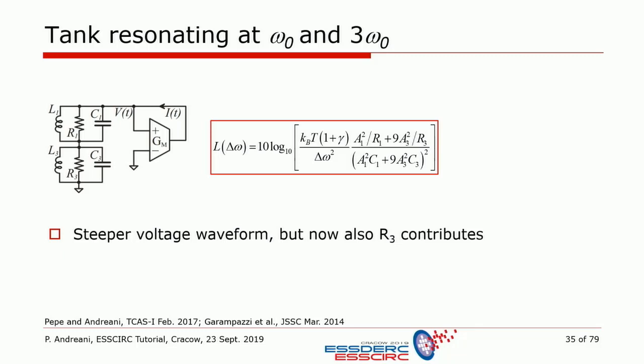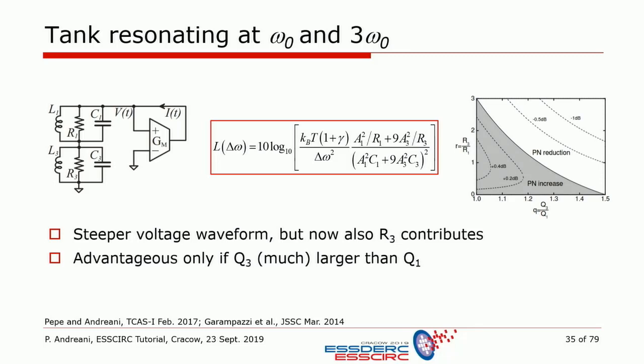Obviously the denominator is good because it decreases the value, but it's also present at the numerator because now we have a resonance at 3 omega 0, and that noise can be folded back onto the carrier around omega 0 and add some more phase noise.